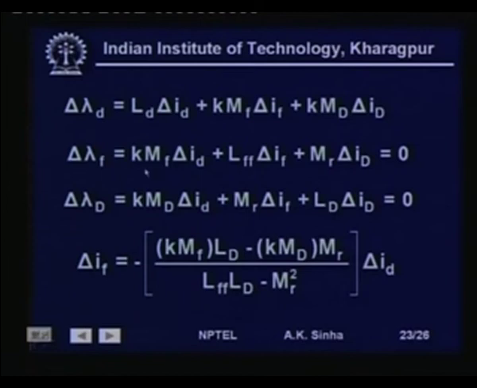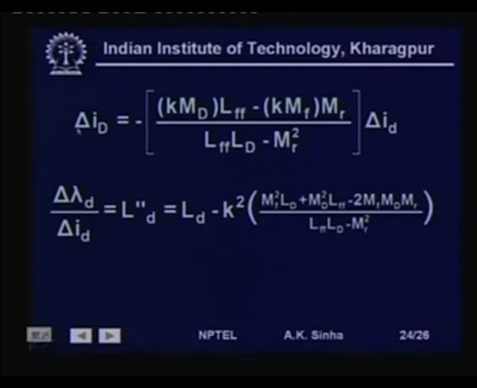Now, this term is 0 because the field winding is shorted, as we are seeing only the effect of the short circuit. Similarly, the damper winding is a shorted one, so these two equations are equal to 0. From these two equations we can calculate delta I f in terms of delta I d, and similarly delta I capital D.